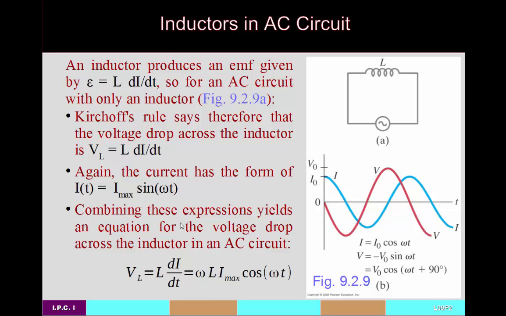With an inductor with a long time steady state DC current and DC voltage passing through it, the inductor doesn't really do anything because there's no change in the magnetic field. You're not changing the current, hence you're not changing the magnetic field, hence you're not really changing the flux of the magnetic field through the inductor.